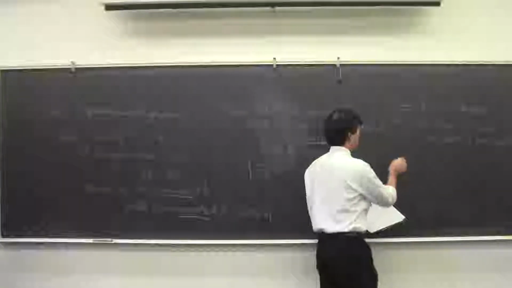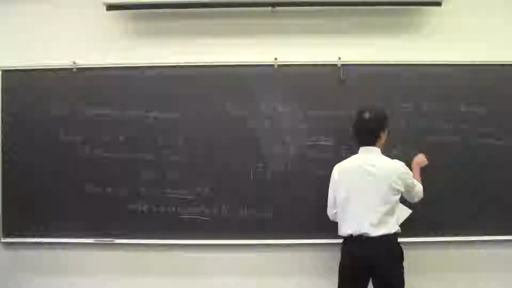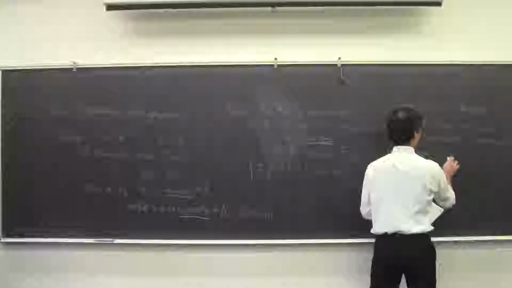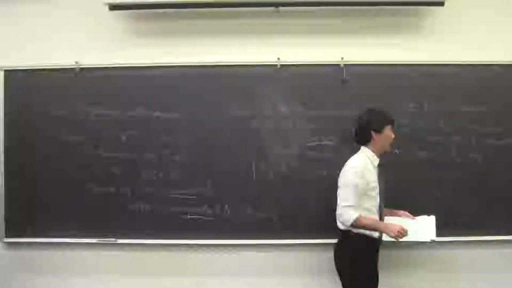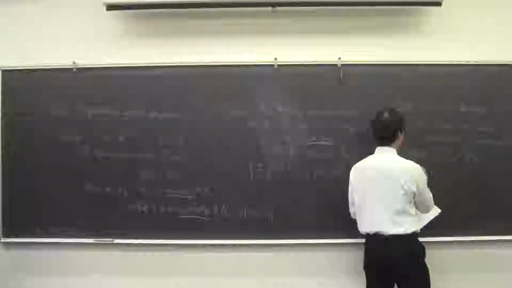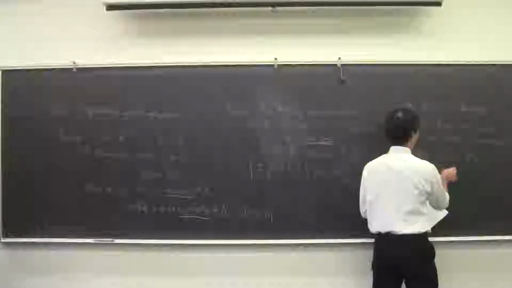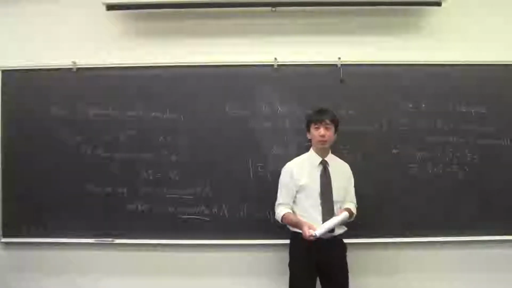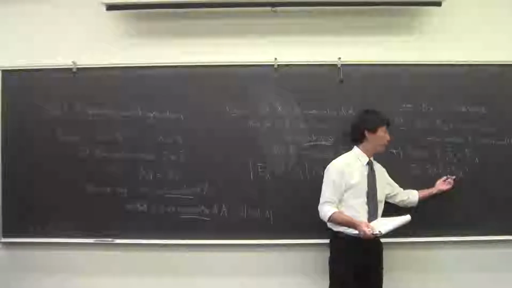Let's do vector addition. Suppose that v1 and v2 are in E lambda. Is v1 plus v2 in E lambda? Well, what would have to happen?